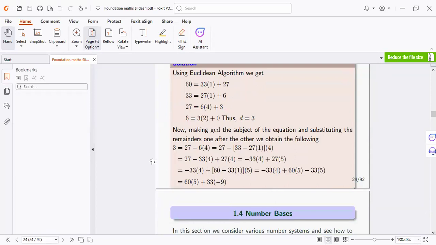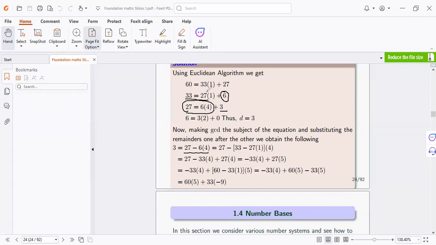So let me show the workings. So what I did was, 3, I write its equivalent, which is 27 minus 6 multiplied by 4. Then now substitute this remainder.